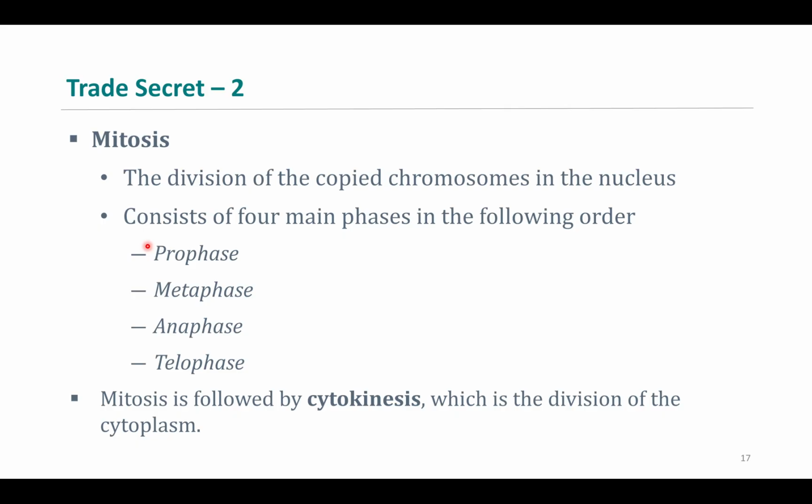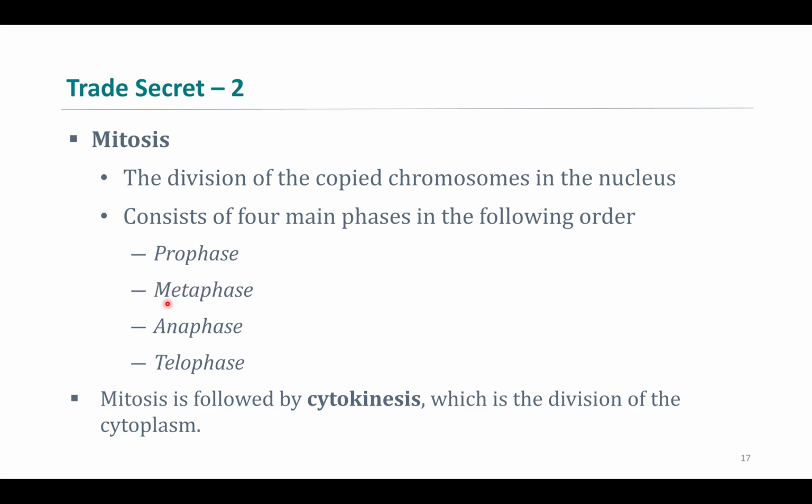But when the cell is preparing to divide, the chromosomes become condensed and short. So they become thick and condensed, pretty much like sausages. So in the prophase, the chromosomes become condensed structures.